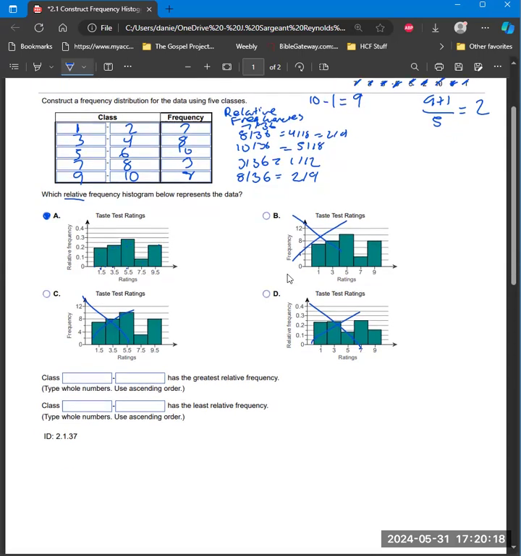Let's see, the class of 5 to 6 has the greatest relative frequency, and the class from 7 to 8 has the lowest relative frequency.